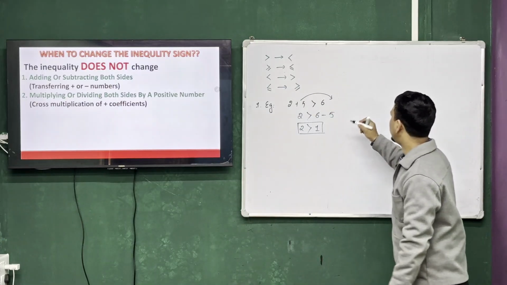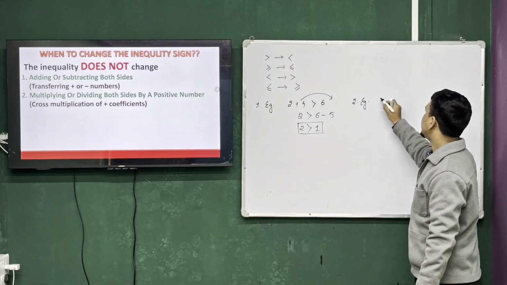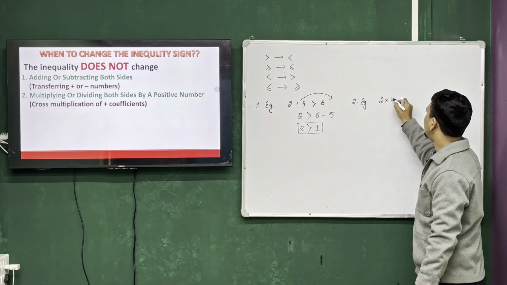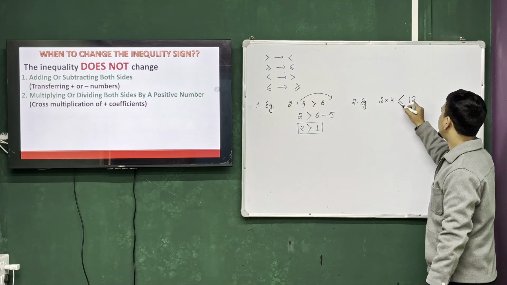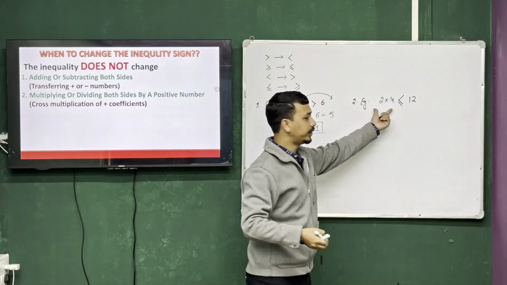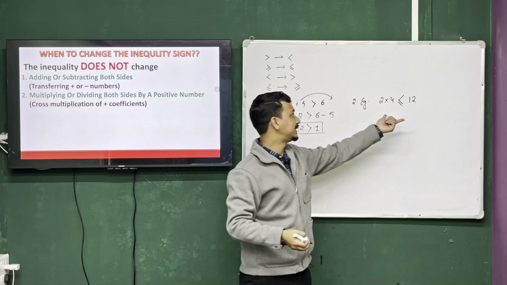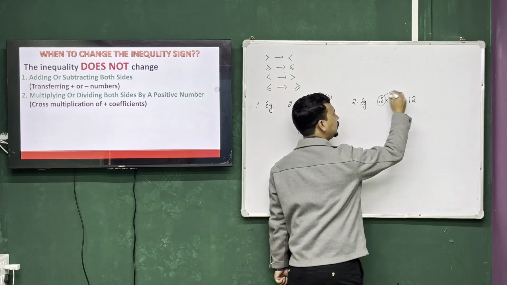Again, let me explain with an example. So for 2, the example will be, let's say, 2 into 4 is less than equal to 12. Do you agree? Yes, 2 into 4 is 8, which is less than equal to 12. Let's say I transfer this coefficient of 2 to the other side.